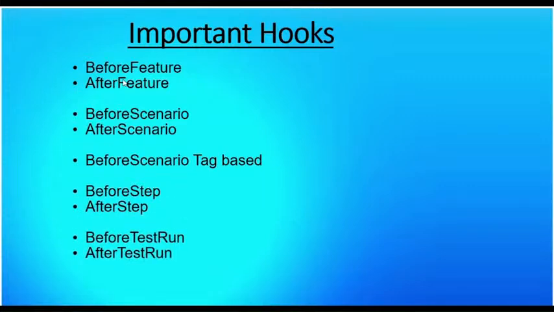These hooks we will use in the next tutorial while working with the extent report. I mean, while generating the extent report, we will be using before feature and after feature, before step and after step, and before test run and after test run. So these are the hooks we'll be using in the next tutorial while implementing the extent report.